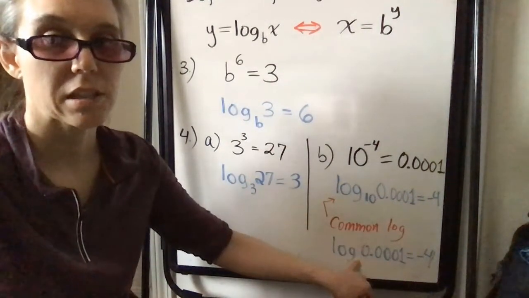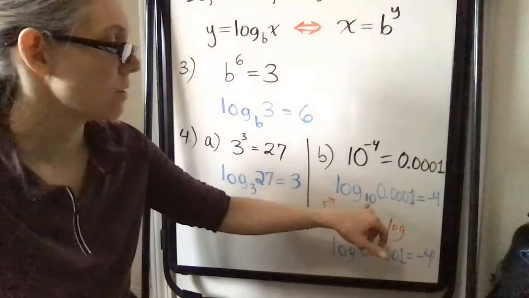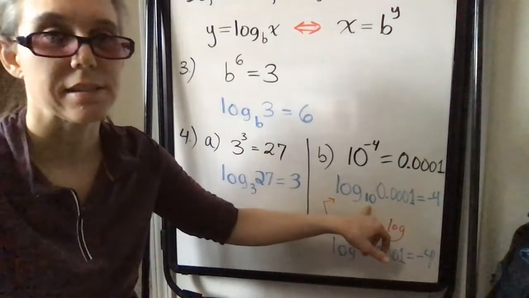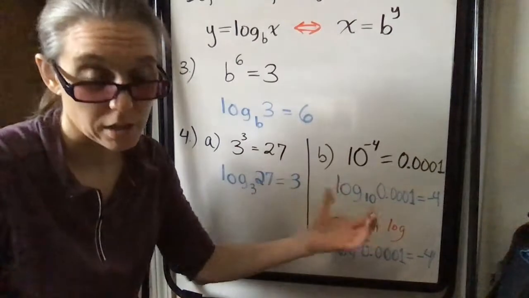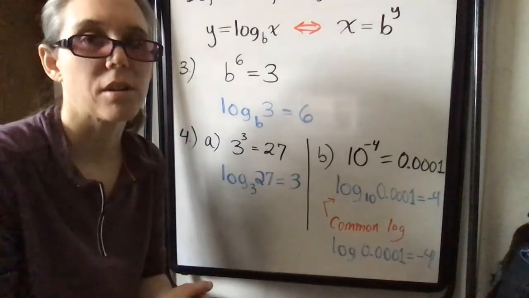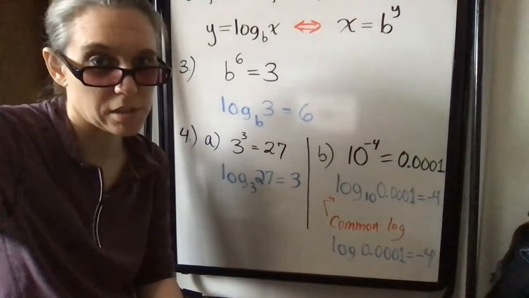Anytime you see a log without a base, it's actually the common log, and so the implied base is 10. In fact, the log button on your calculator is the common log. So the base of the log button on the calculator is 10. Okay, so that was question 4.